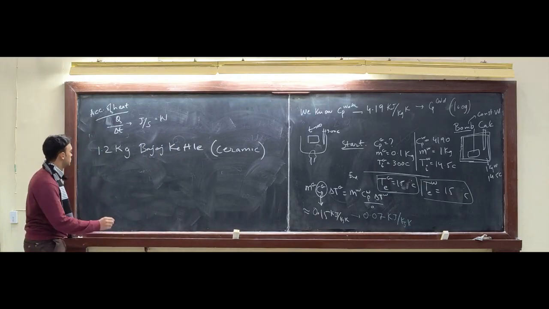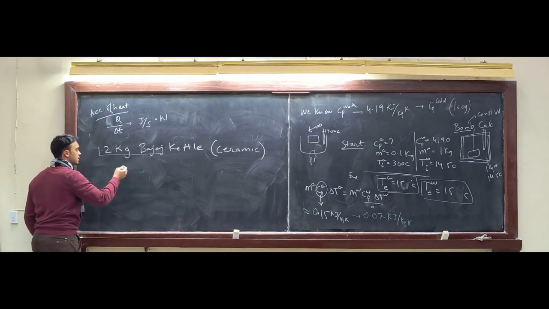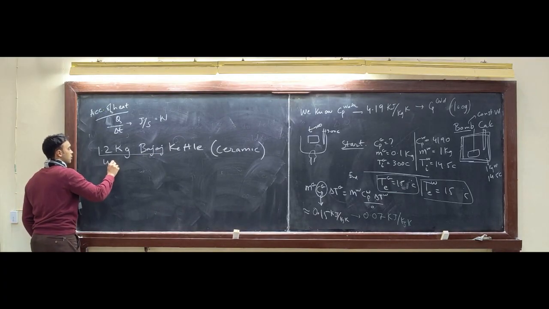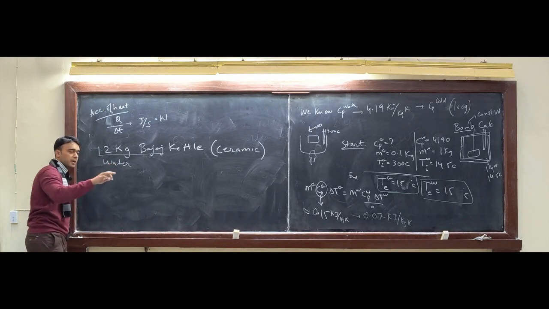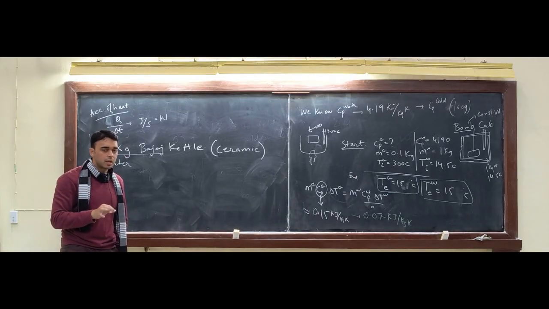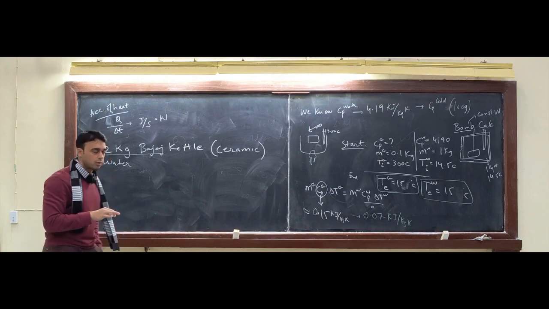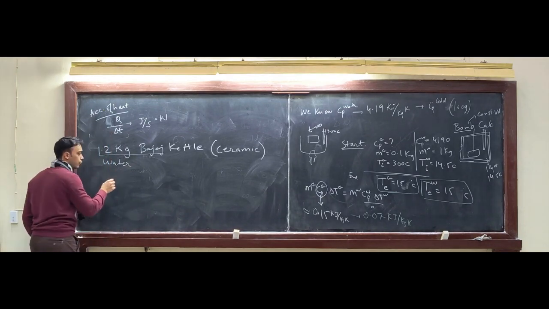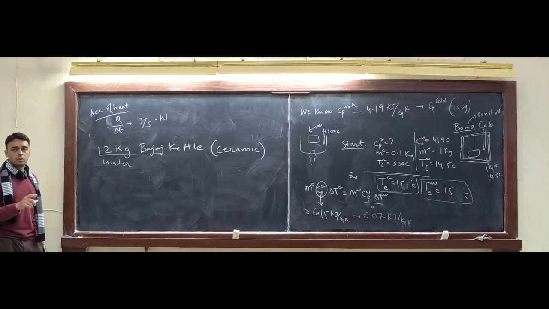This glass kettle will contain water of 1.2 kg. You fill it to the maximum, and this layperson asks you how much time should I wait for my water to go from room temperature to 95 degrees Celsius.